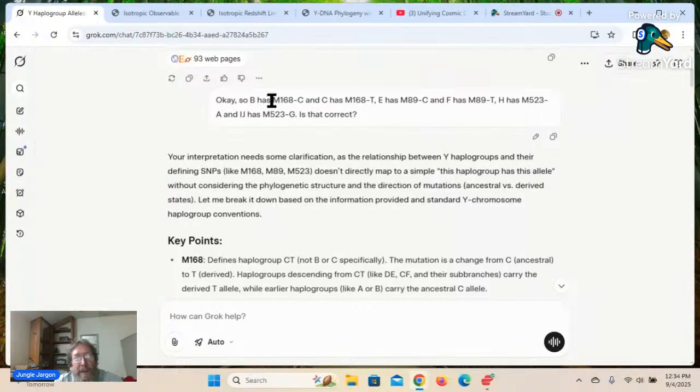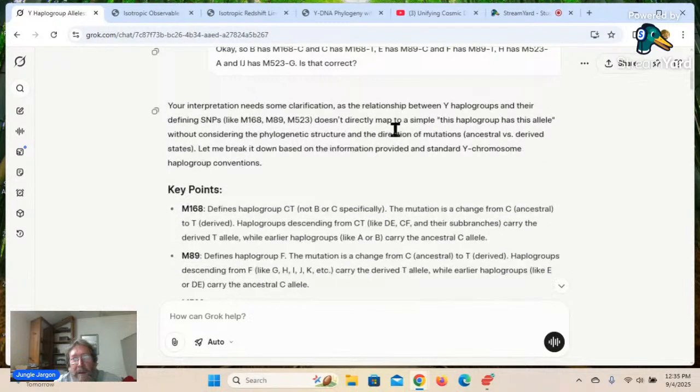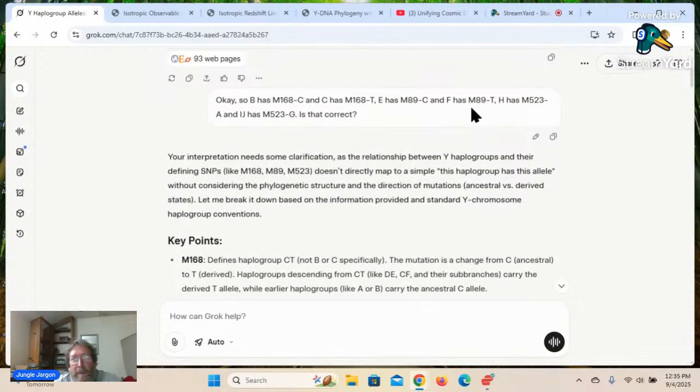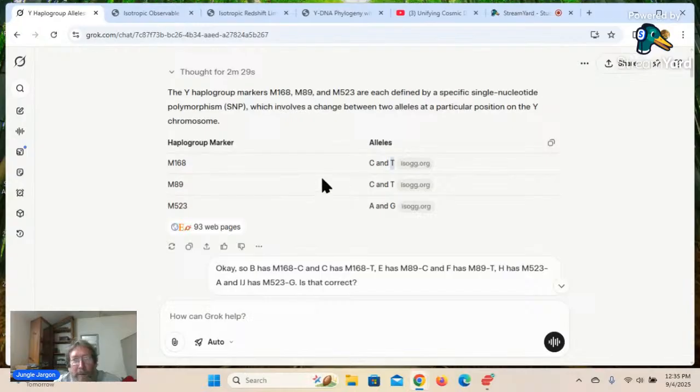So B has the M168 C, and C has the M168 T. E has the M89 C. And F has M89 T. Okay, on both sides.